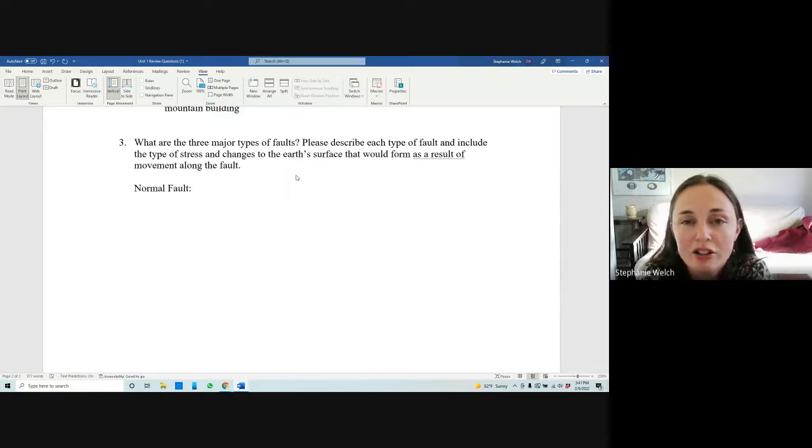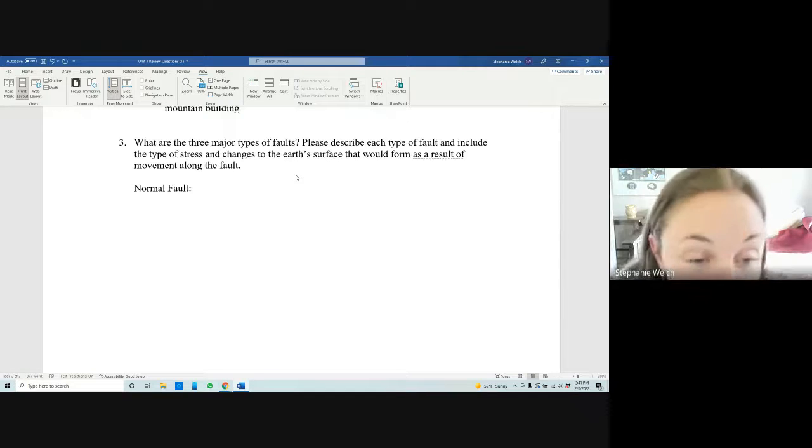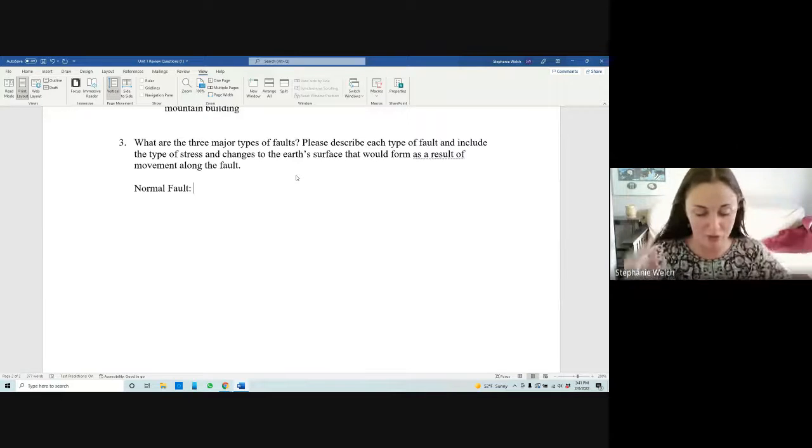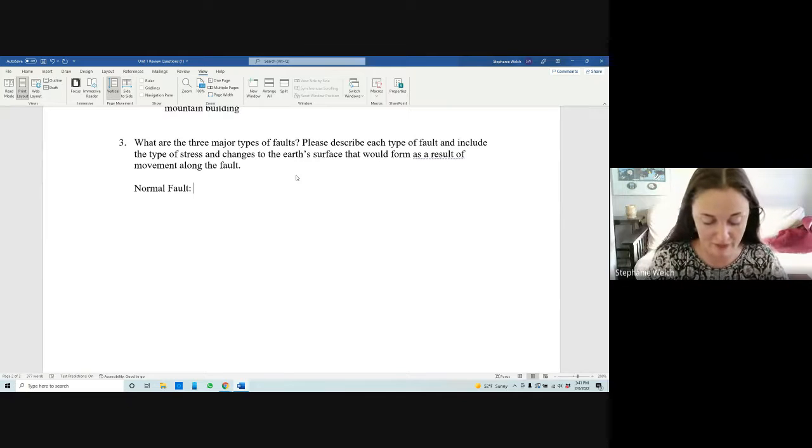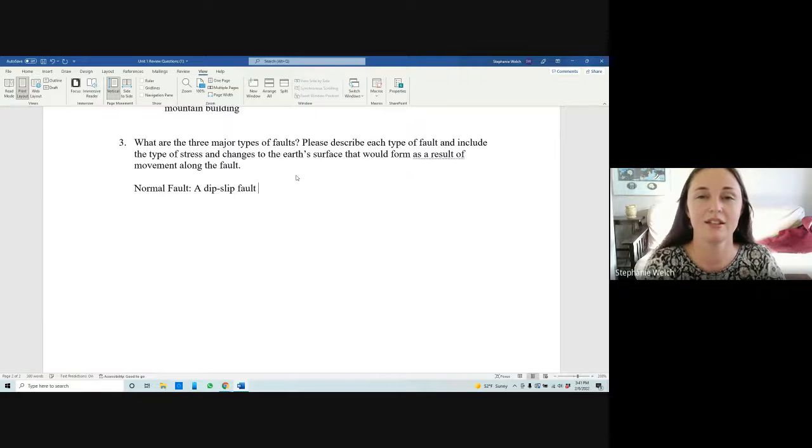I've been doing geology for 20 years and I still don't have a good explanation for why they call them normal faults. But a normal fault is essentially a dip-slip fault. A dip-slip fault just means that the primary motion is happening along the angle of the fault that's pointed down into the subsurface, so along the dip of the fault.